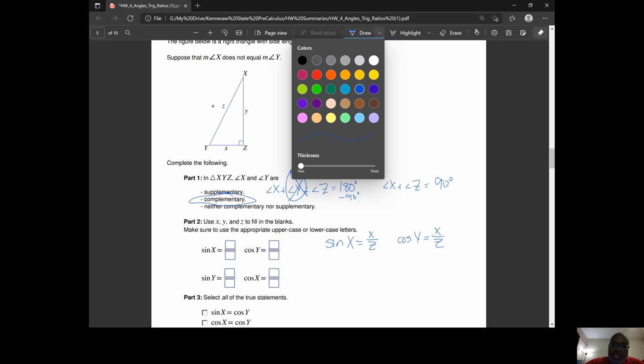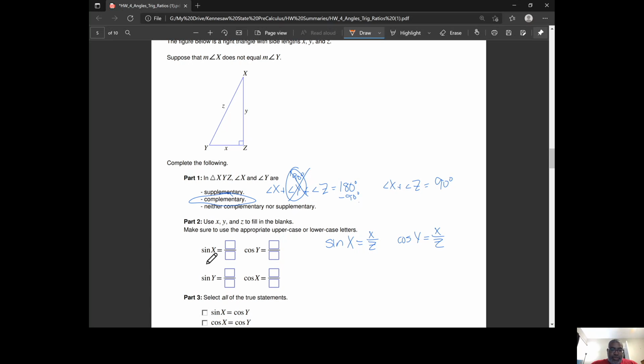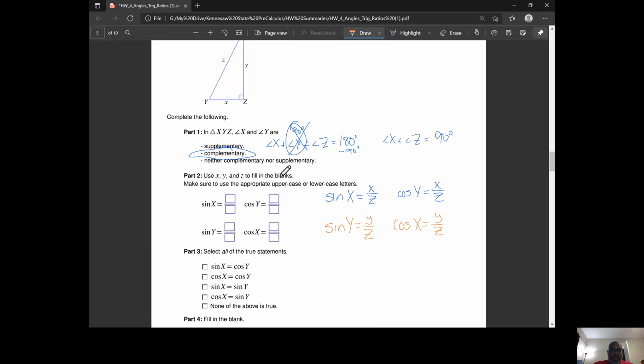Similarly, sine of y is opposite over hypotenuse, which is y over z. Cosine of x, you could probably guess what that's going to be. That is adjacent, which is y, over hypotenuse, which is z. And that's our answers.